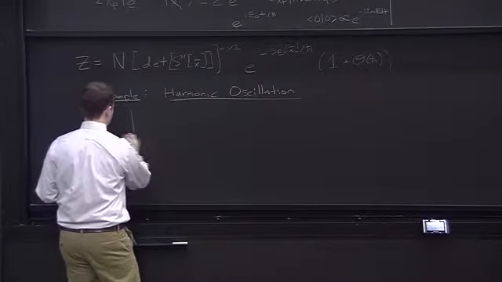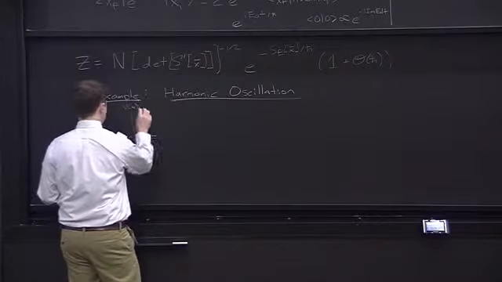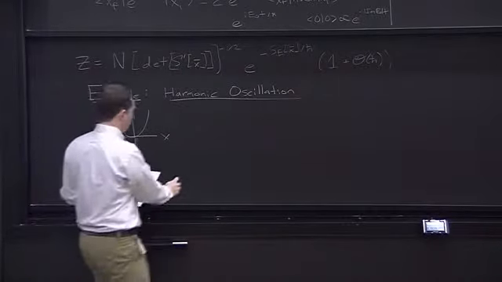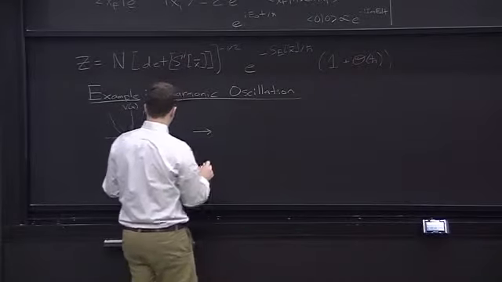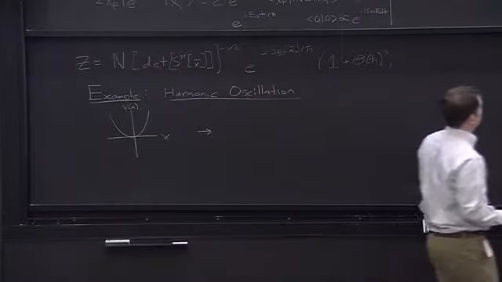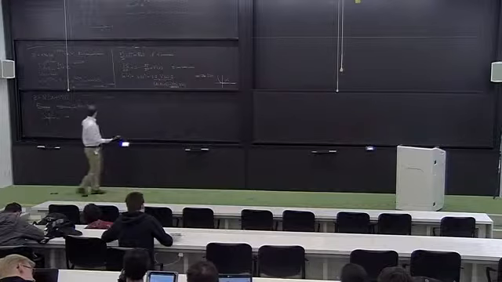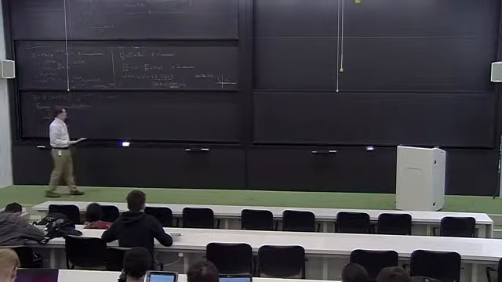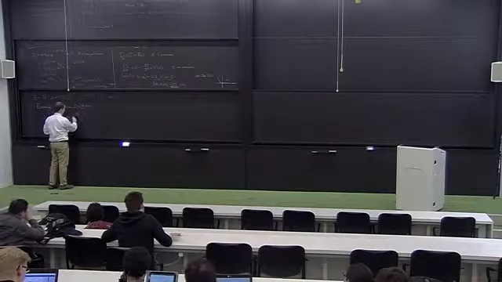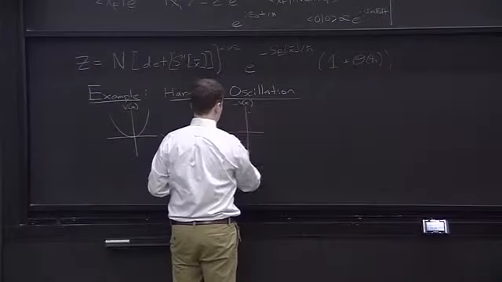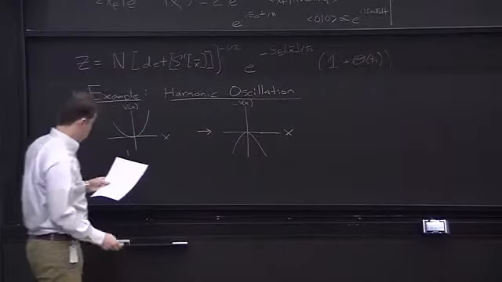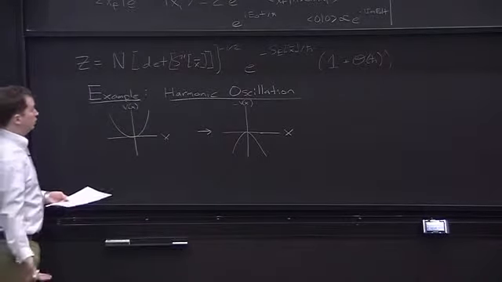So what we're interested in is studying this potential. But if we look at our equation for the saddle point, we see that solving that equation is the same as solving the classical equations of motion for a particle moving in a potential minus V. And we're interested in computing the ground state energy.